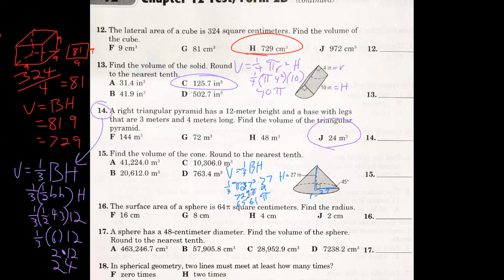And then we're multiplying it by pi, which is going to be a really big number. This is the only thing I see close to it, so it must be B. Somebody that has a calculator. Where'd I put my calculator? But I believe it should be B.